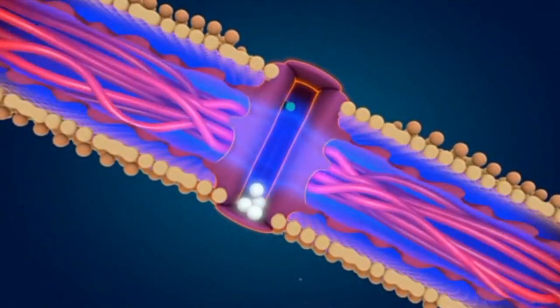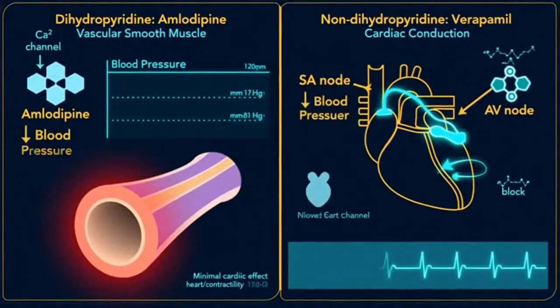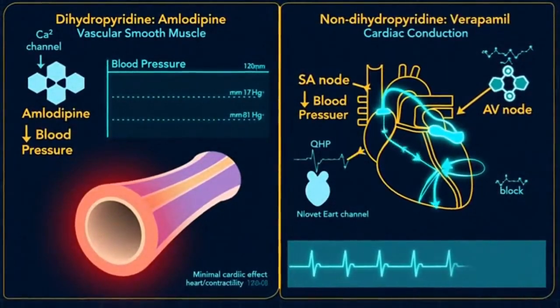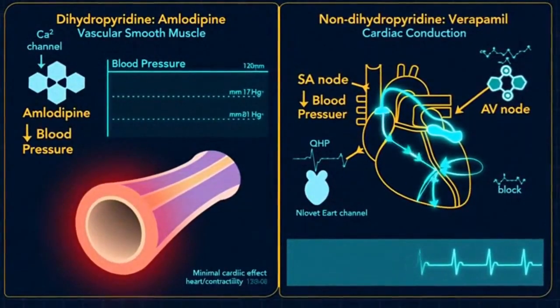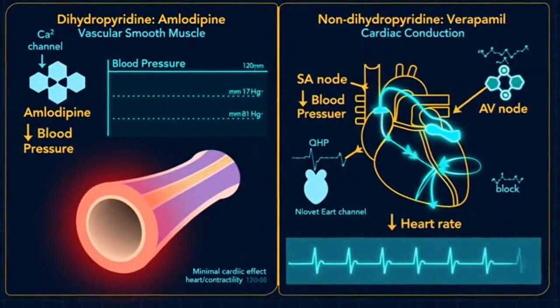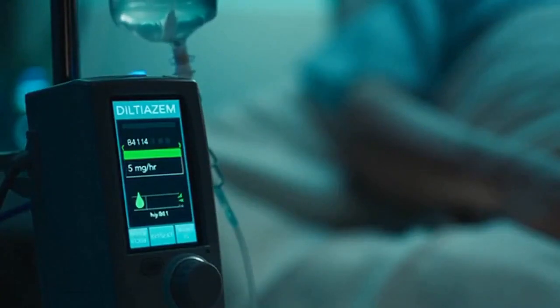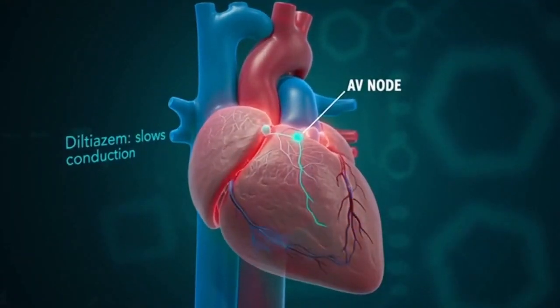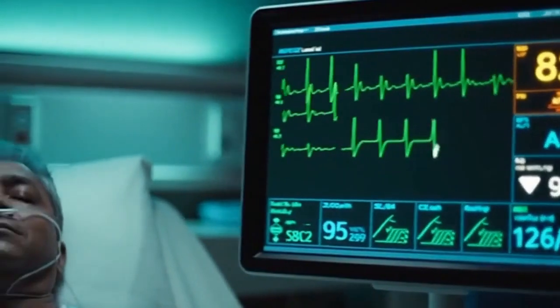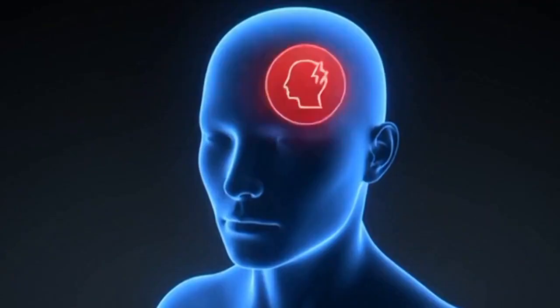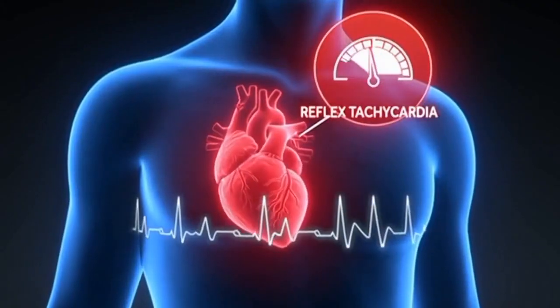In cardiac myocytes, L-type channels drive the plateau of the action potential, phase 2, and trigger calcium-induced calcium release from the SR, enabling contraction. In the SA node and AV node, L-type channels are responsible for the action potential upstroke itself, since these cells lack fast sodium channels.